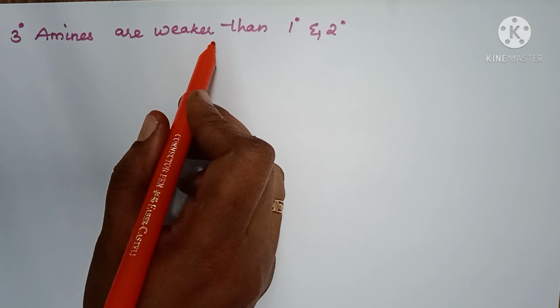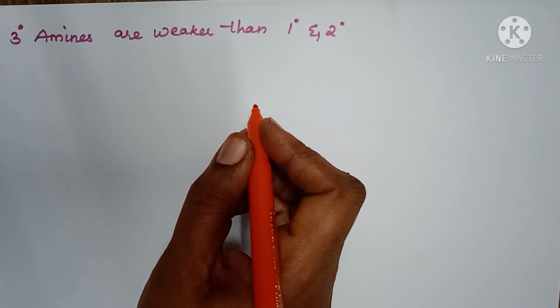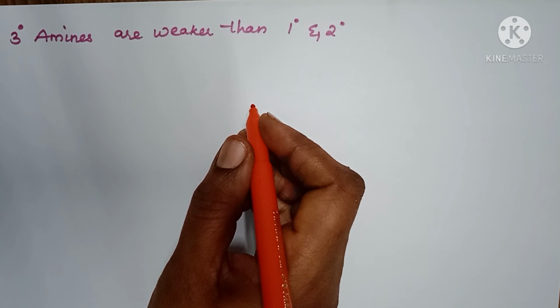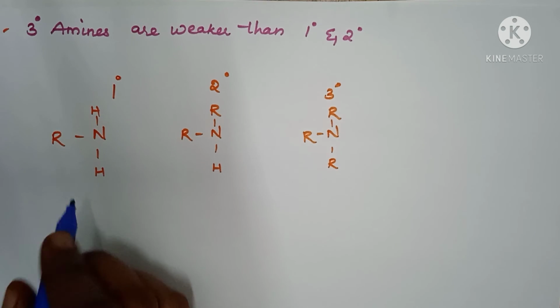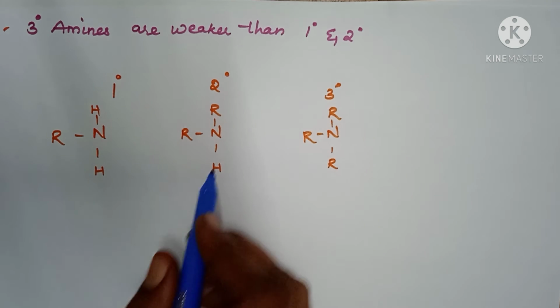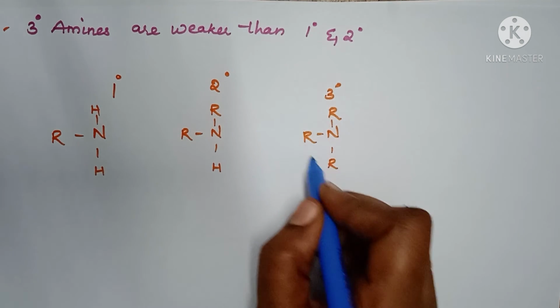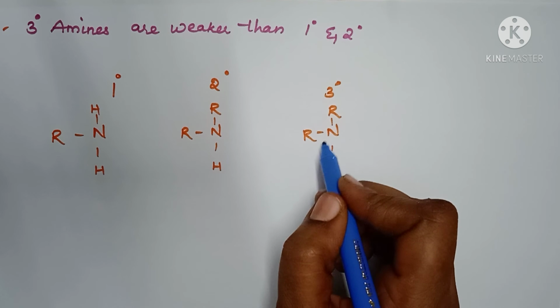Okay, next question. Tertiary amines are weaker than primary and secondary. Why are tertiary amines weaker? See here, this is primary amine, secondary amine, tertiary amine. Tertiary amines have bulky groups, so steric hindrance will be more.